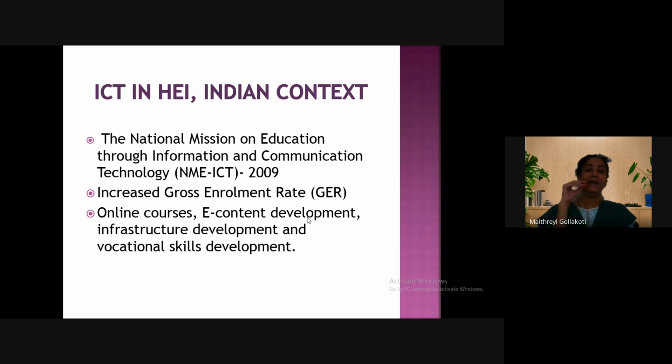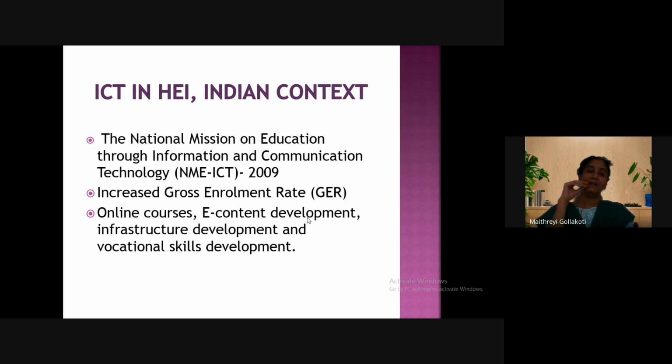ICT in higher education institutions, Indian context. As I told you, ICT was started in 2004, but government made an amendment in 2010. Okay. Now for higher education, ICT tools have started in 2009, the National Mission on Education through Information and Communication Technology, NMEICT 2009.